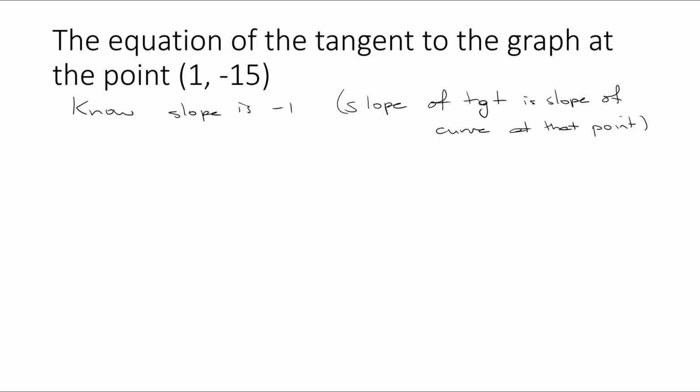So what we need to do is find a line through 1, -15 that has a slope of -1. So we can use this format that says -1 times x minus 1 minus 15. We could rearrange that, and then we get y equals -x minus 14.